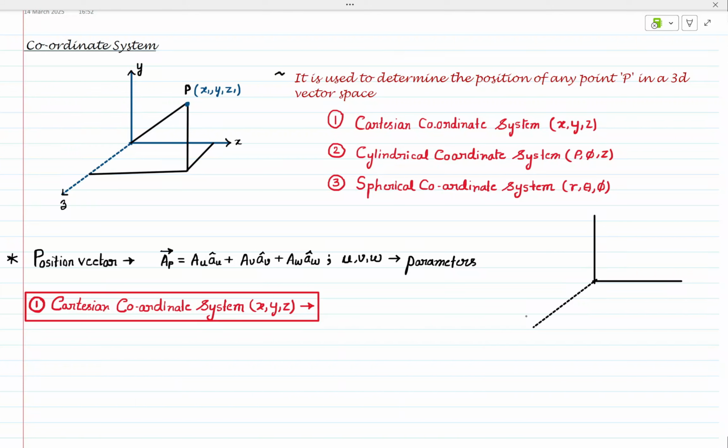Now, inside the three-dimensional vector space, where the parameters are U, V, and W, let us say this is the U, and this is the V, and this is the W.